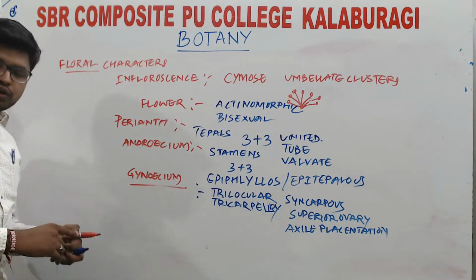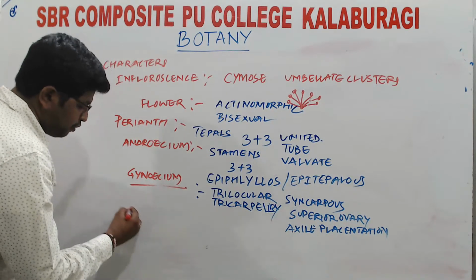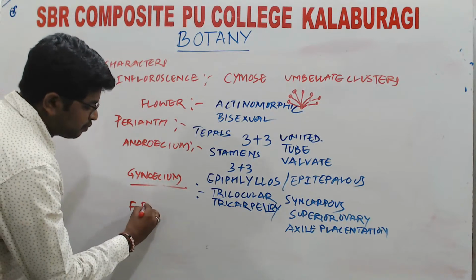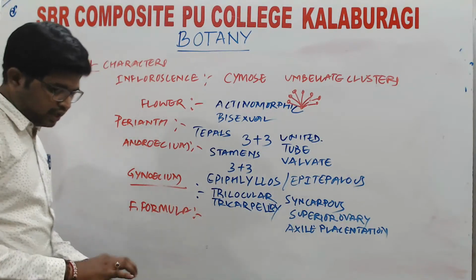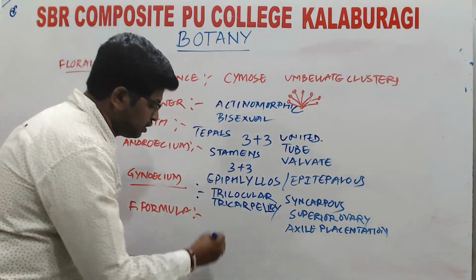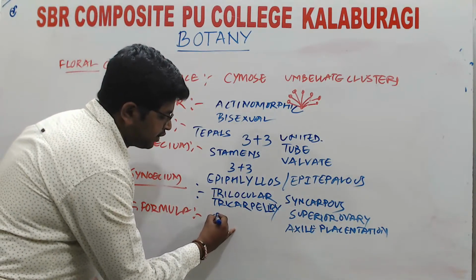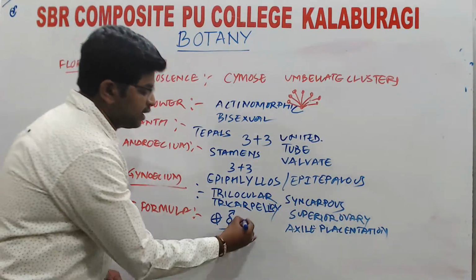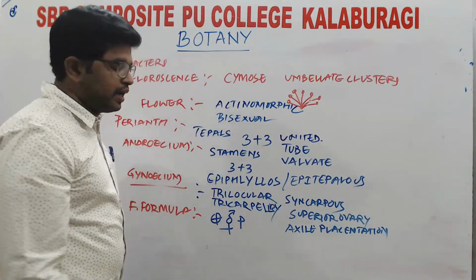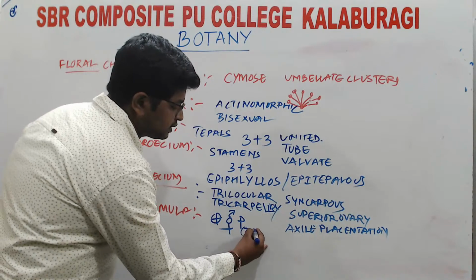Then following the gynoecium, we need to write the floral formula. Since I have already said the flower is bisexual, actinomorphic, then you have perianth, we write P, arranged in whorls 3+3.